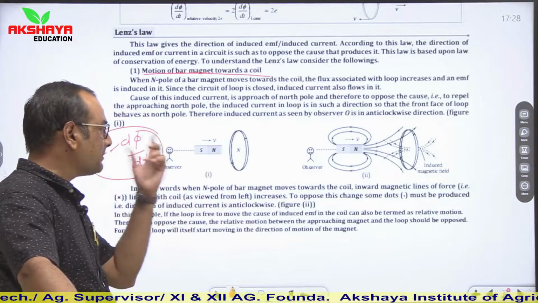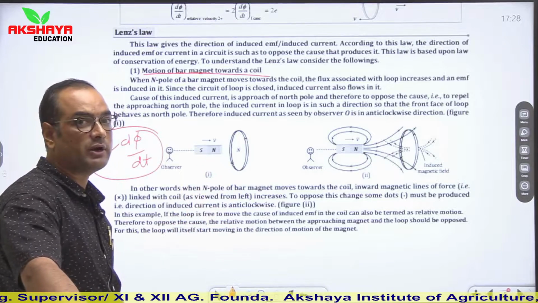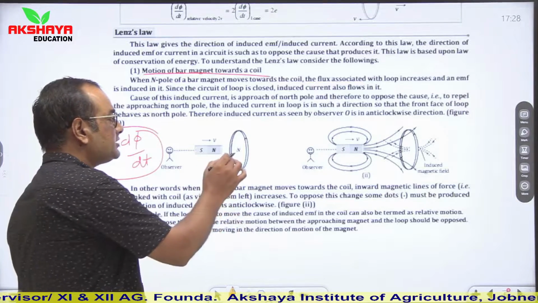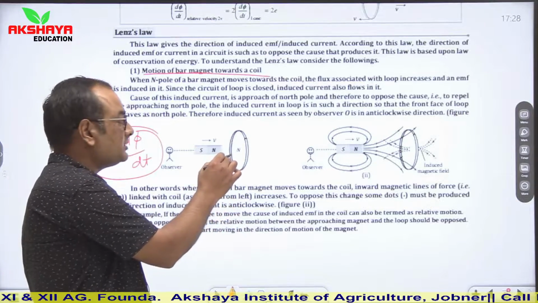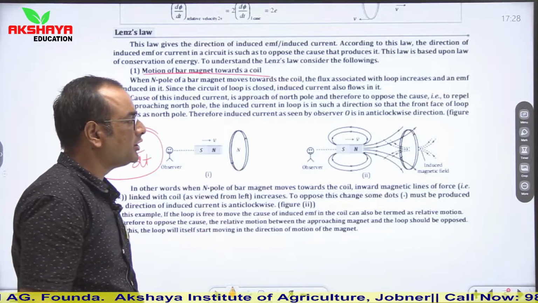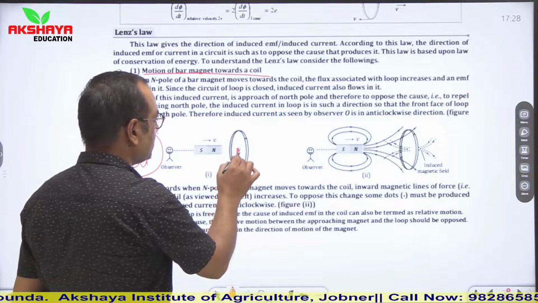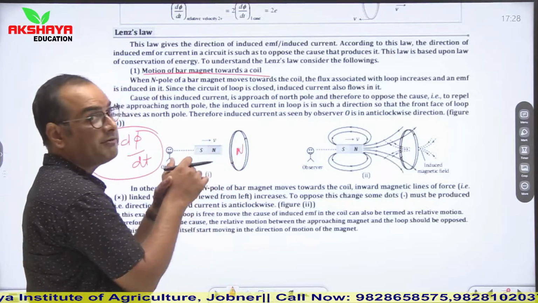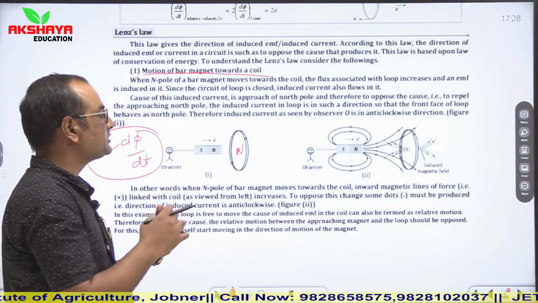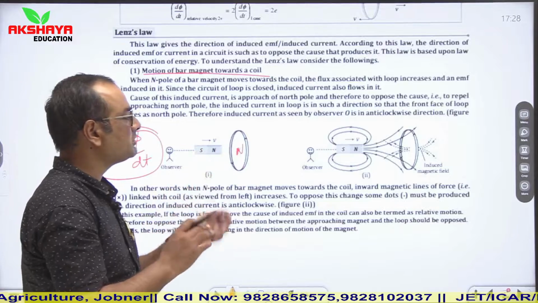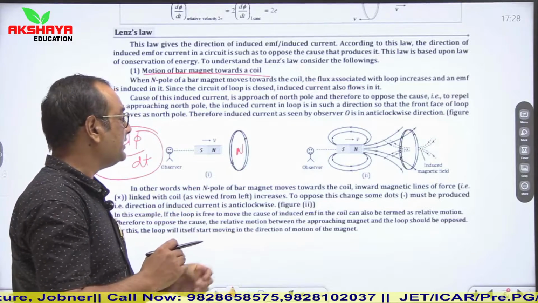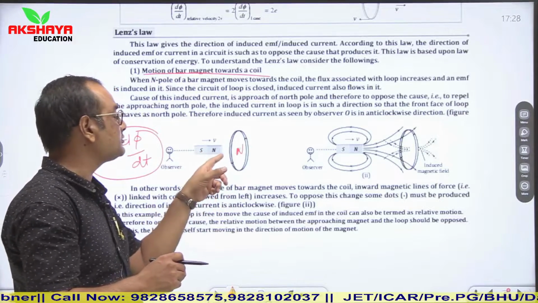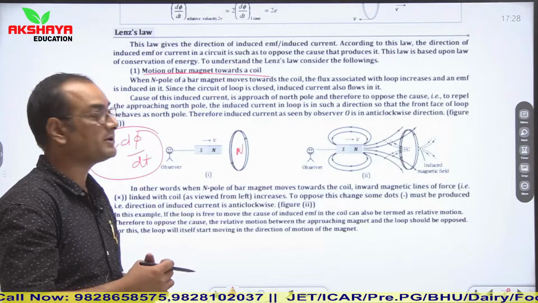Whenever this bar magnet moves towards the circular coil, the front face behaves as a north pole, because of repulsion between them. Similarly, if we take a south pole towards this coil, in this case also the coil will behave as a south pole due to repulsion.